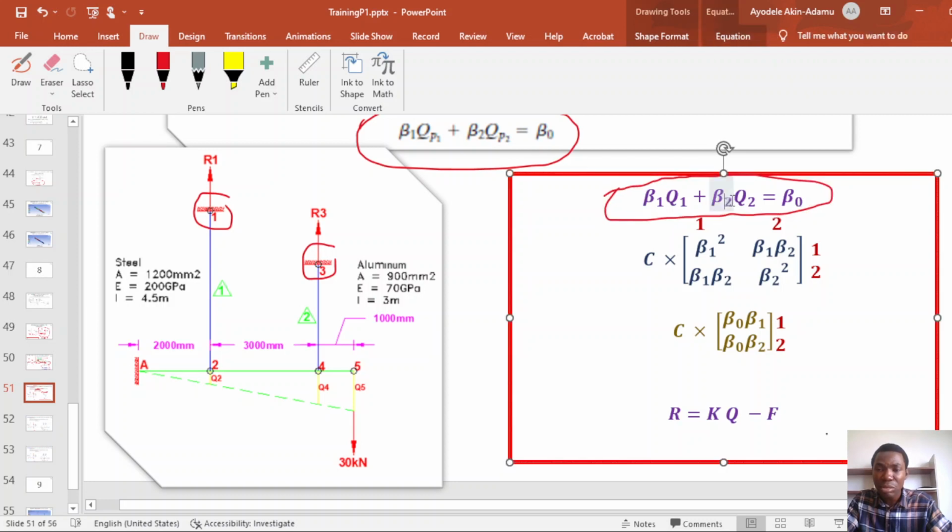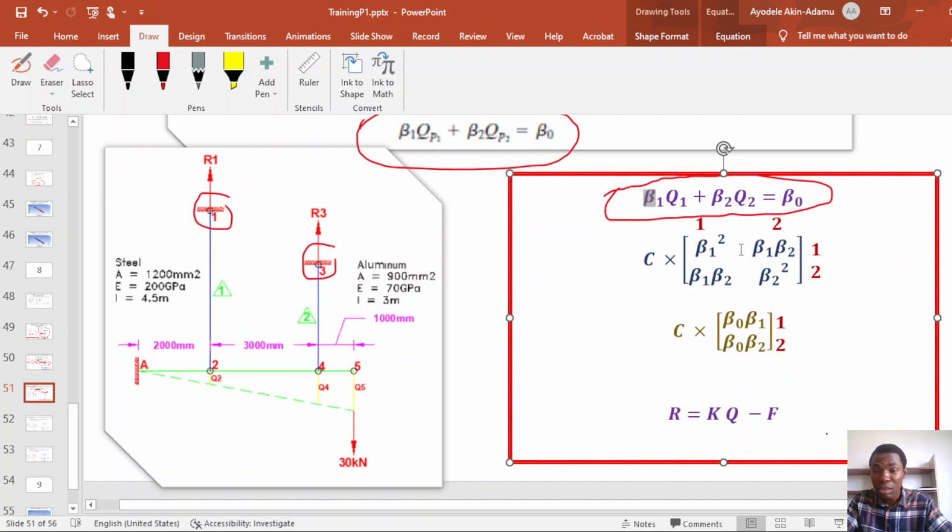Let's say you have minus 3 here, that means beta 2 will be minus 3. Let's say you have 0, this equals to 0, that means beta 0 will be 0. So when you are writing this equation, the next thing to do is to determine the coefficients, that is beta 1, beta 2, beta 0.